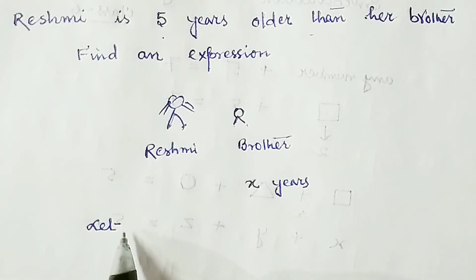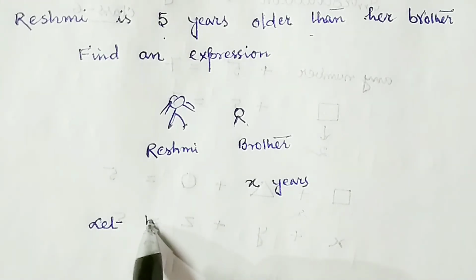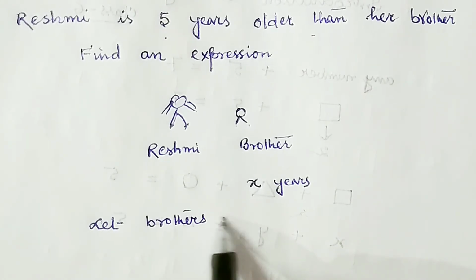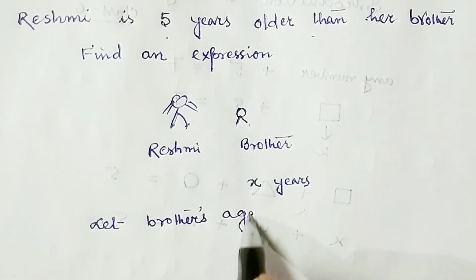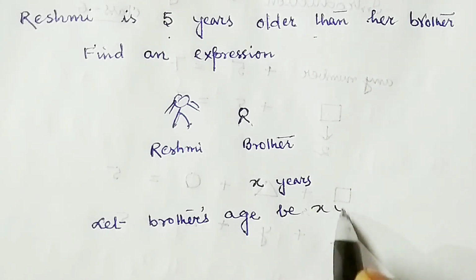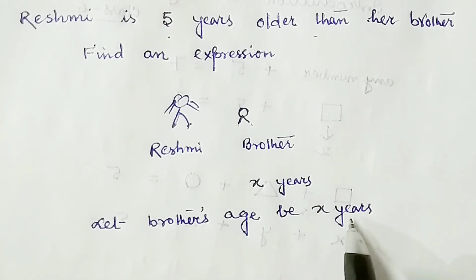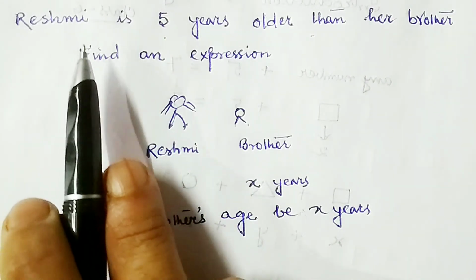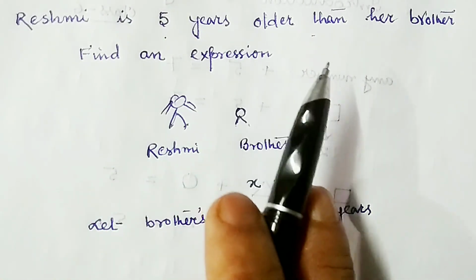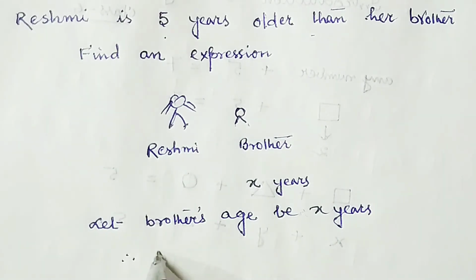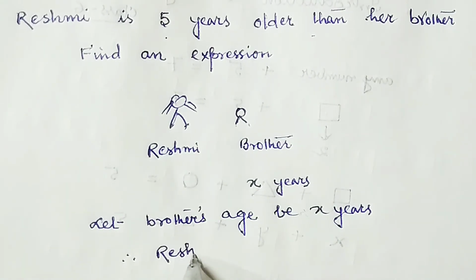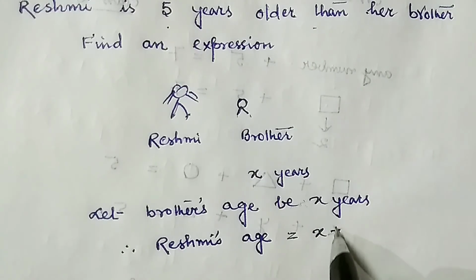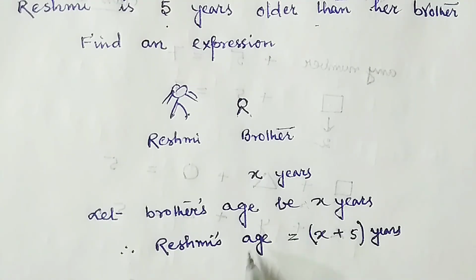Since I don't know, I can write: let the brother's age be x years. Now the brother's age is x years, and what about Rashmi? She is 5 years older than her brother. Therefore, Rashmi's age will be x plus 5. I hope this example is clear.